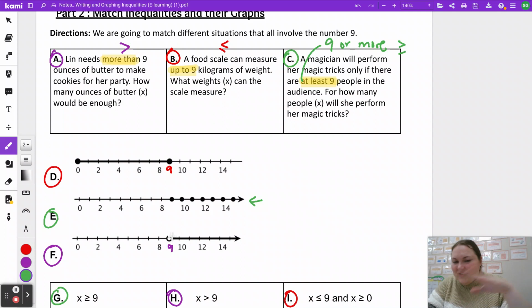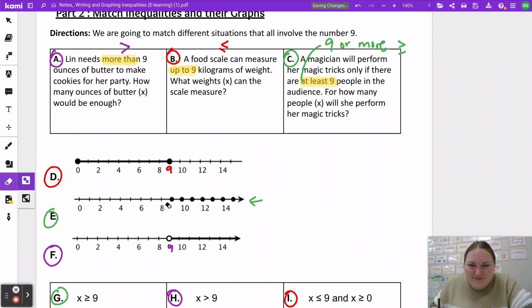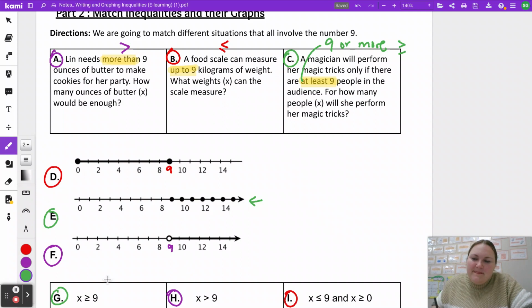For F, we've got everything above 9 colored in. But E looks different. It's not like a closed circle with everything colored in. It has these individual points. Any idea why that one has individual points? As you're thinking through that question, it might help to read the story again.